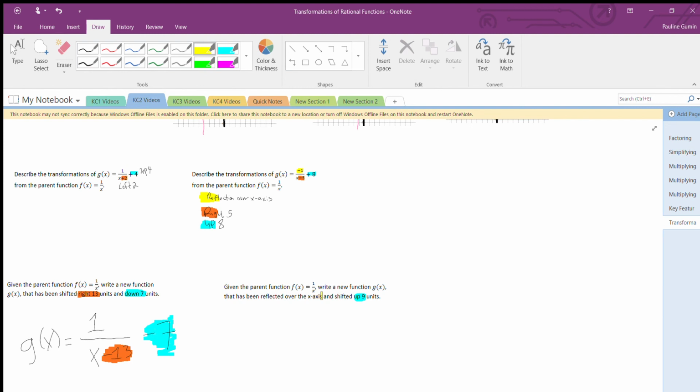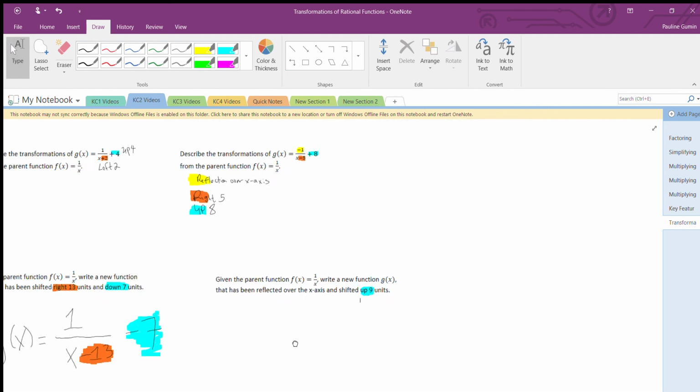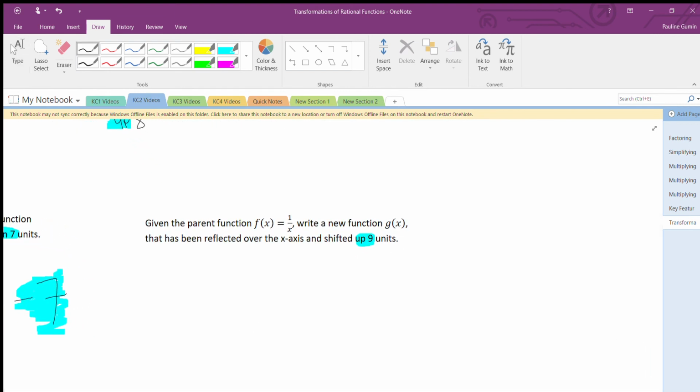It's crazy. Okay, so we have a reflection over the x-axis and up 9 units. Let's write down g of x. All right, the reflection is when the top is negative. All right, let's highlight that in yellow. Reflected. Did I highlight this in yellow? I can't even see.